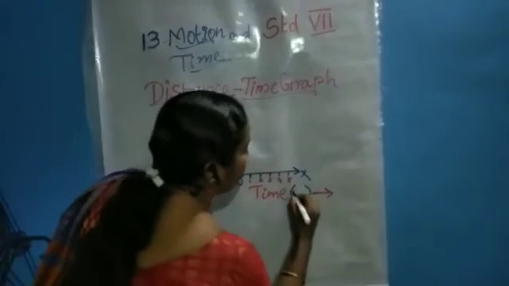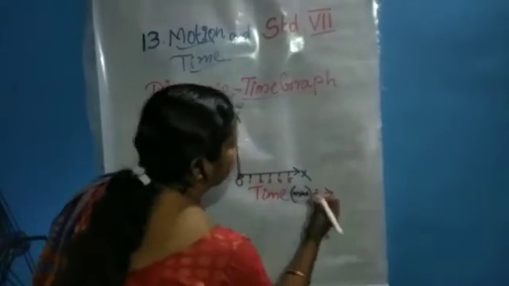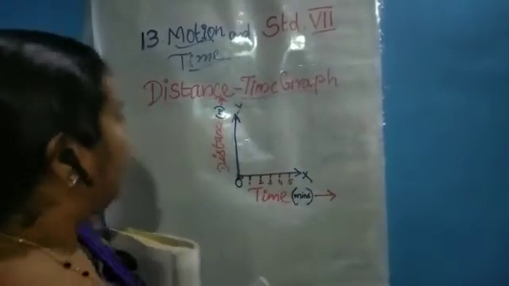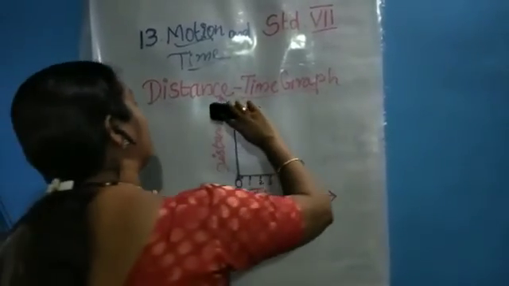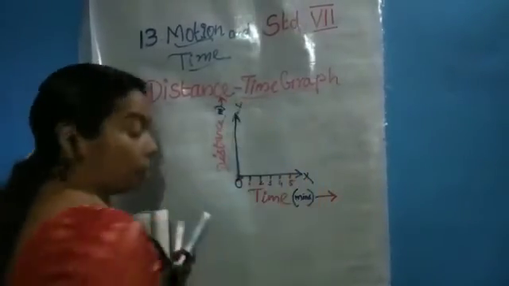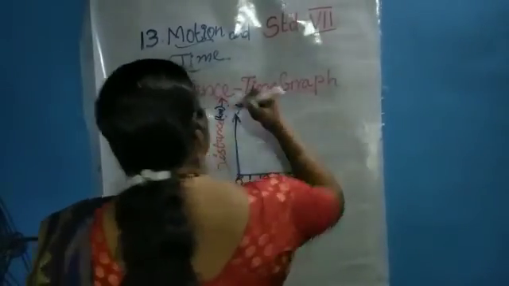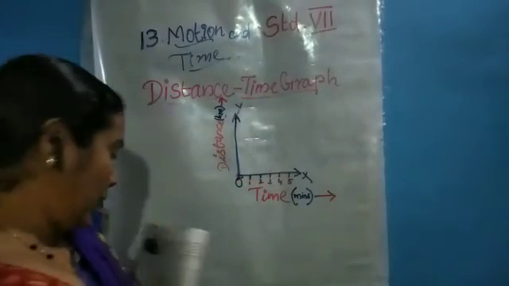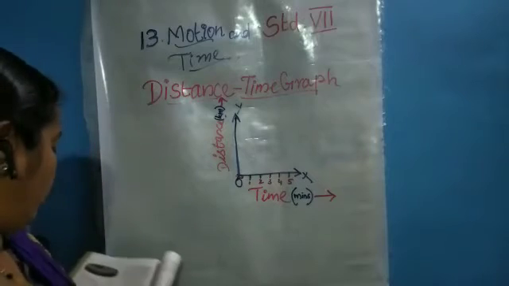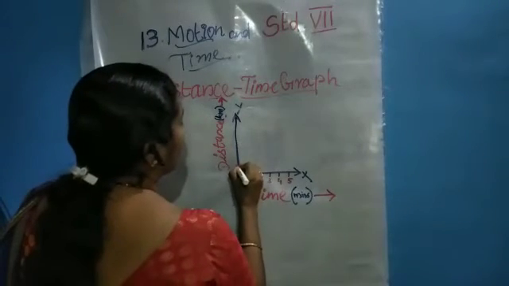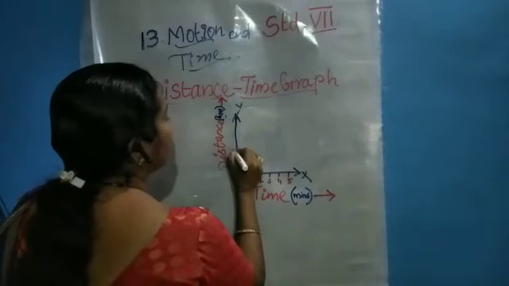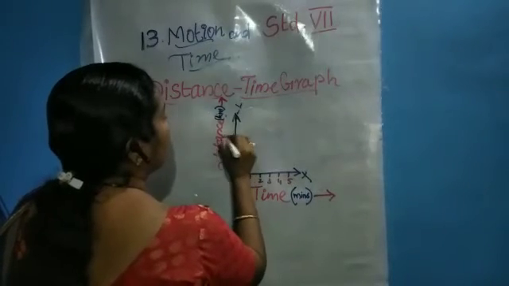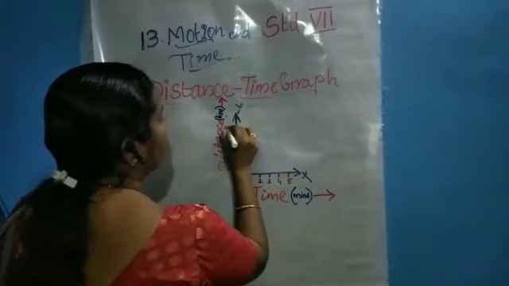So here time is in minutes, and distance is in kilometers, so we change that unit also to kilometers, again 1, 2, 3, 4, 5.